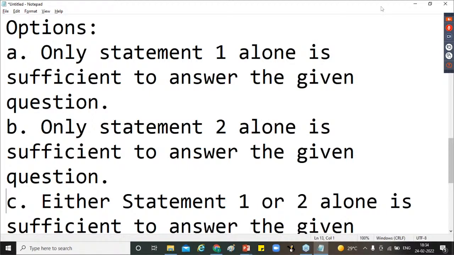Option B, only statement two alone is sufficient to answer the given question.